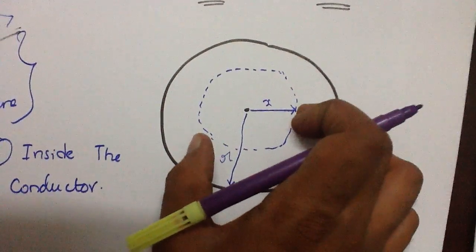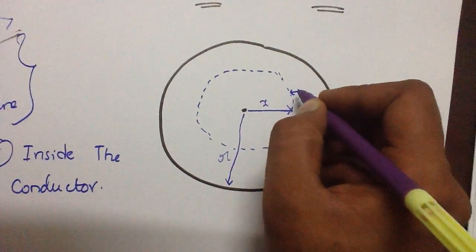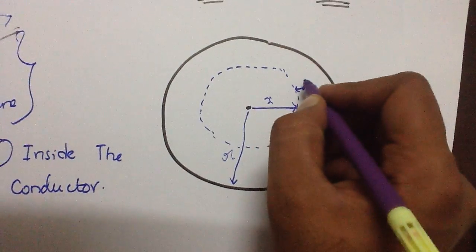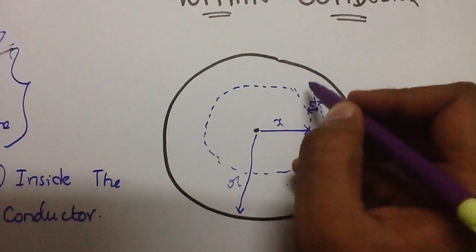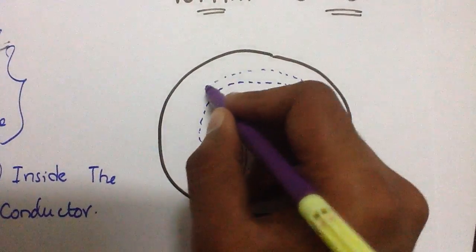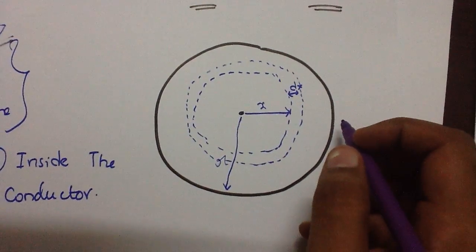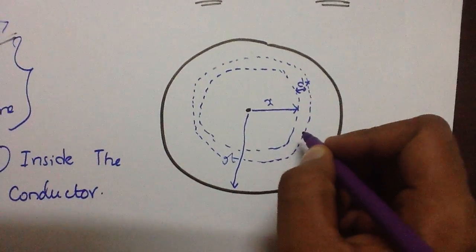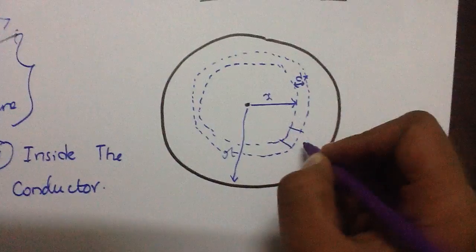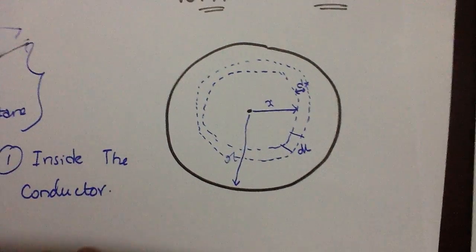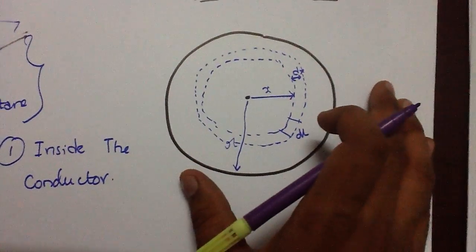This is what I'm interested in, and I'm considering another small element dx, and a small length dl. All this can be told later, but I just want you to consider this in the beginning itself.